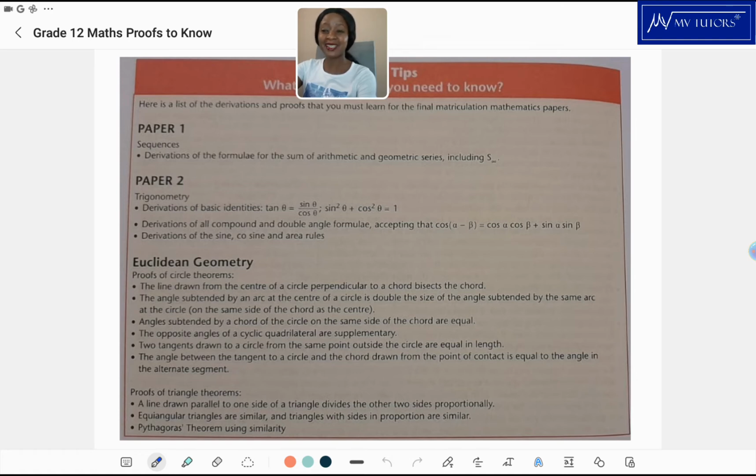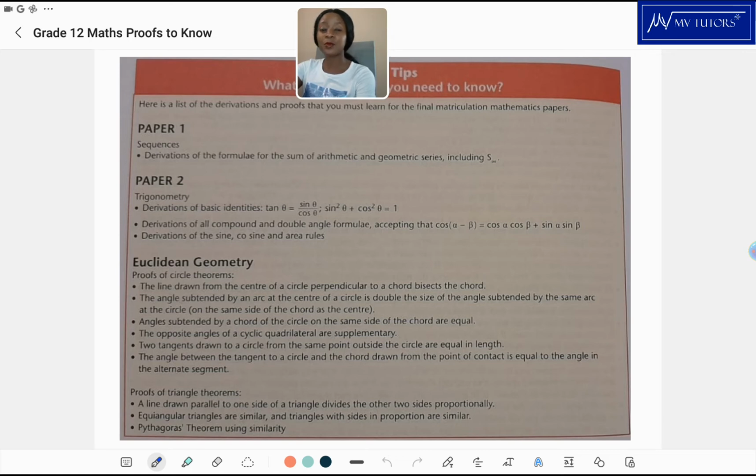I'm sure you're like, what is all of that? But we'll go through the proofs, the ones that are examinable. Then the angle between the tangent to a circle and the chord drawn from the point of contact is equal to the angle in the alternate segment. And then also proofs of triangle theorems.